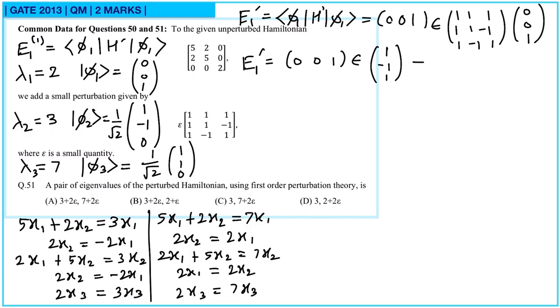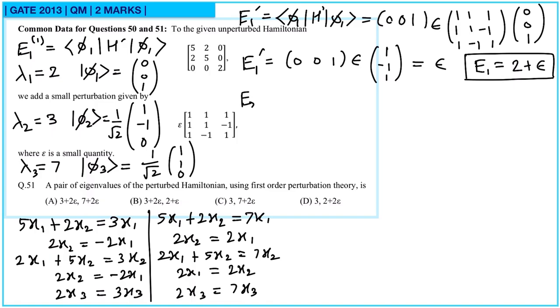Right. So this will be equal to 0, 0 and then 1. So epsilon only. So E1 dash is epsilon. So that means E1, that energy will be lambda 1 plus this E1 dash. So that is 2 plus epsilon. So we have found one value.